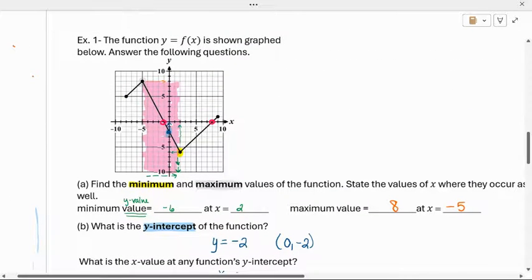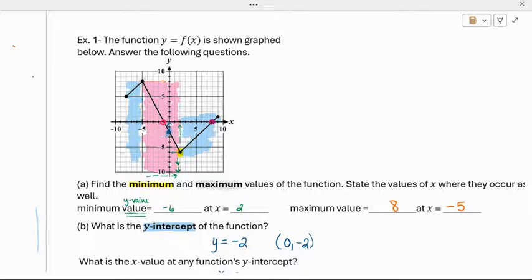Increasing means it has positive slope. So my line has positive slope right here, and that's the interval highlighted in blue. My line also has positive slope right here. So there are two options.